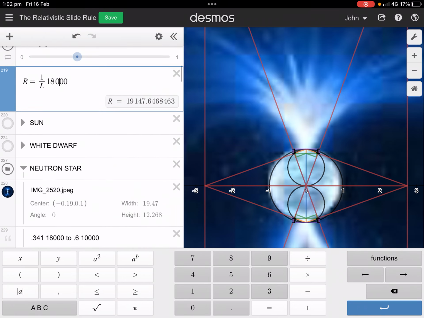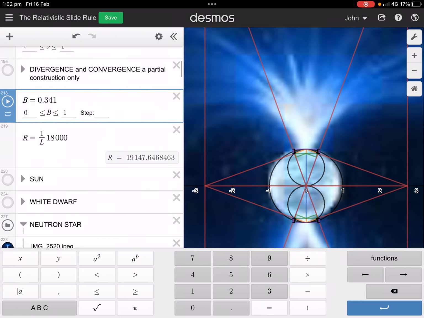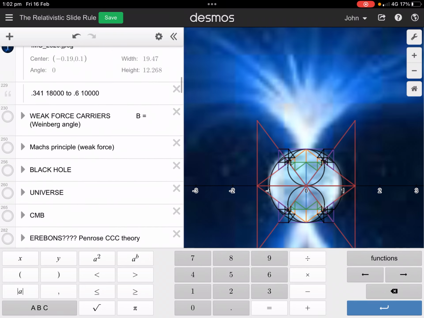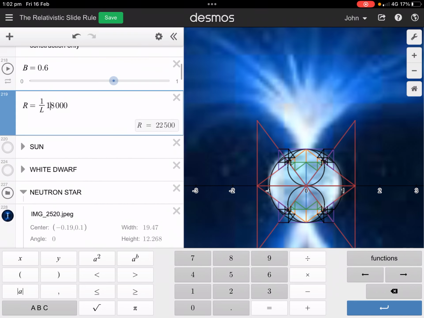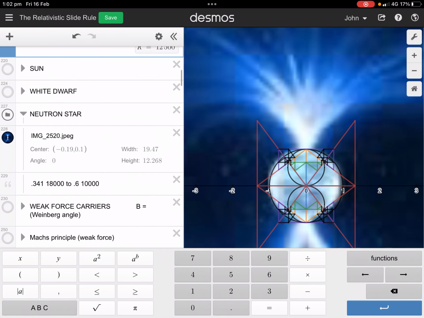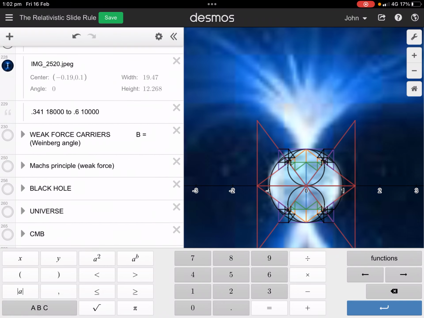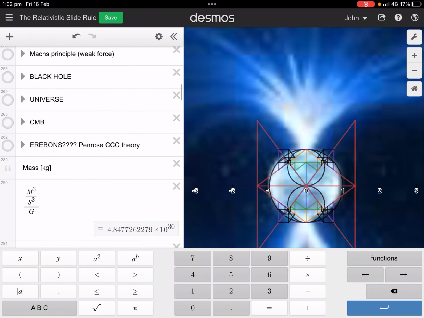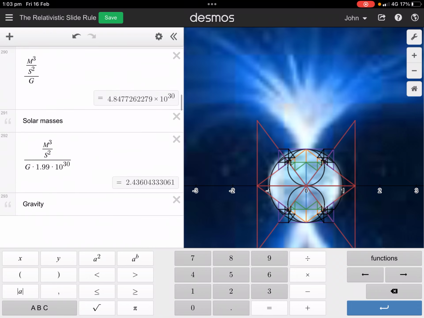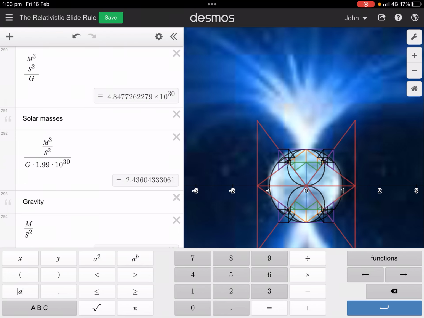And it can get up to, well, I'm going to take it up to 0.6 because that's a nice round number. And I'm going to drop its radius down to that. So this is about the limit for a neutron star before it degenerates into a black hole. And so we're looking at about 2.43 solar masses. Well, that's probably considered more than it can handle.